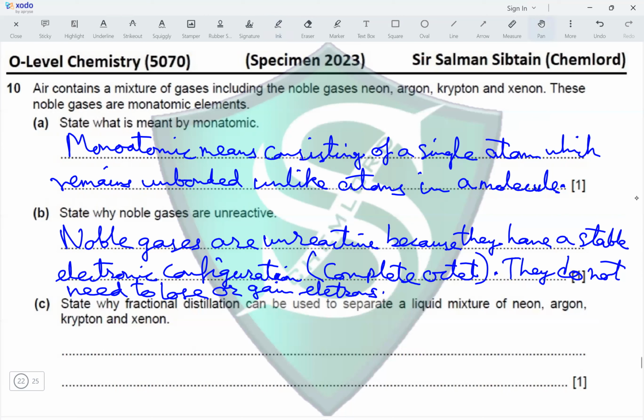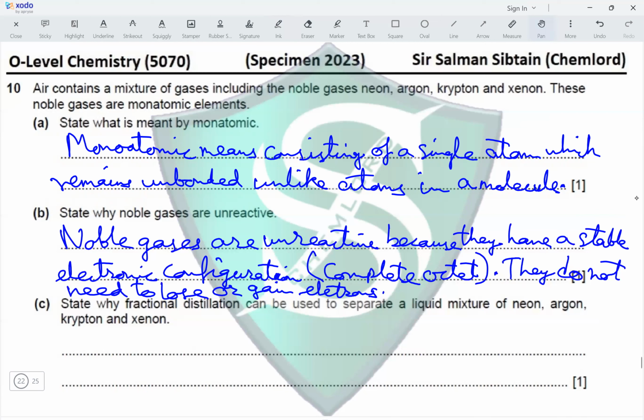Next, state why fractional distillation can be used to separate a liquid mixture of neon, argon, krypton, and xenon. So, fractional distillation makes use of the property of boiling point. So, if fractional distillation can be used to separate these, that means they have got different boiling points.